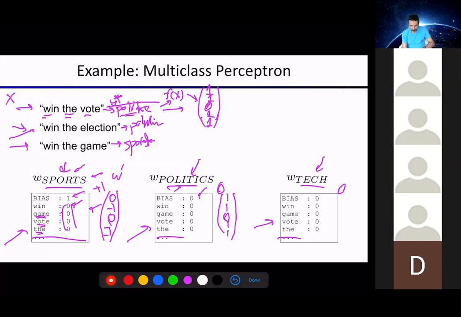So what is the feature vector for this? Win, so bias is 1, win is 1, game is 0, vote is 0, D is 1. Okay.